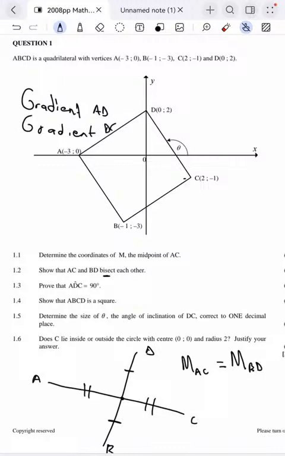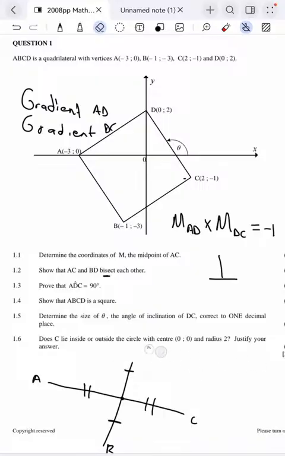The product of these two should be -1, which is the gradient of AD multiplied by the gradient of DC should be equal to -1. It means they are perpendicular to each other, right? This by no means is the same as the midpoint. These are not the midpoints, but for some weird reason they used M for both.